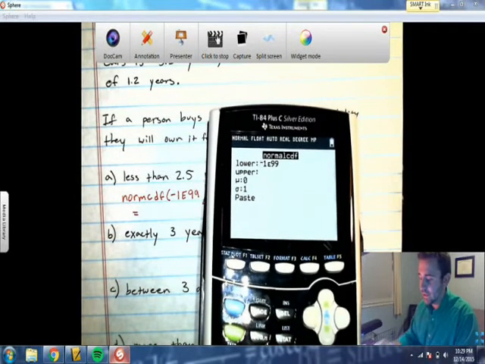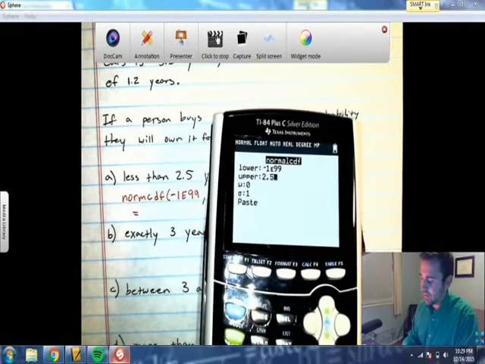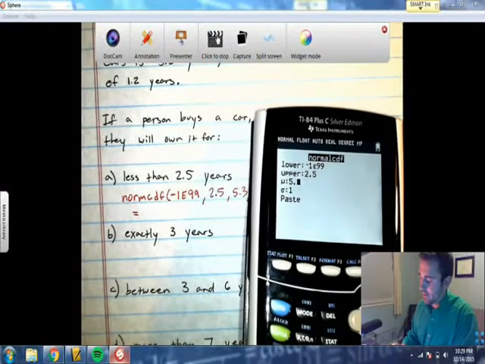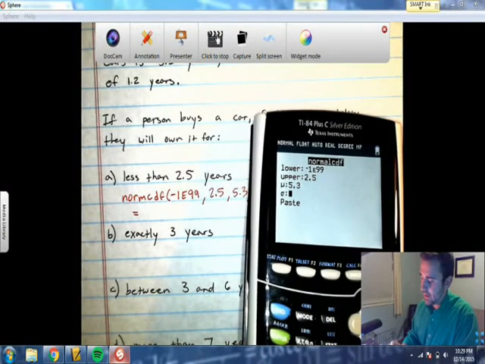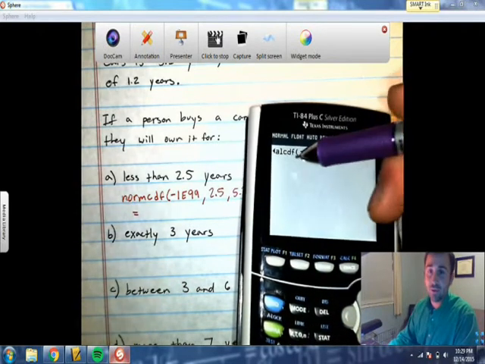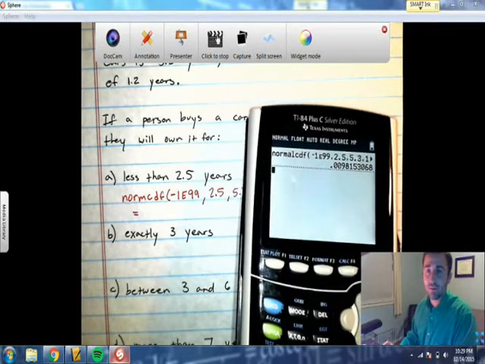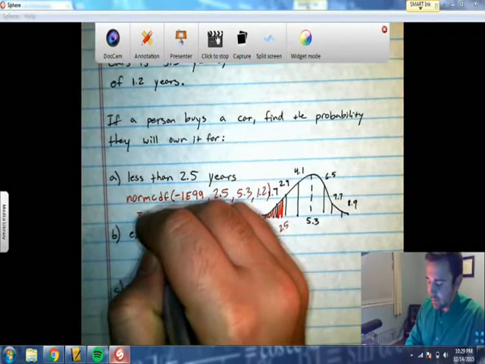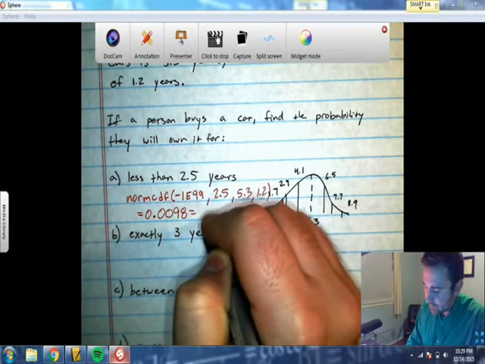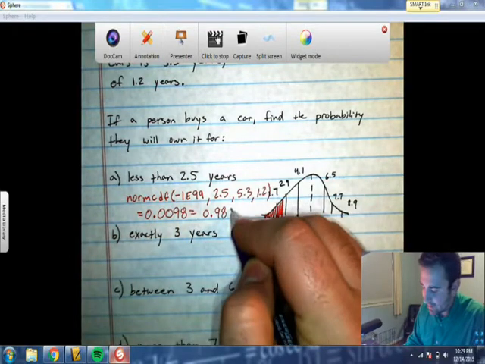So the lower bound is negative 1E99, the upper bound 2.5, with a mean of 5.3 and a standard deviation of 1.2. I get 0.0098, which represents, in probability terms, 0.98%.